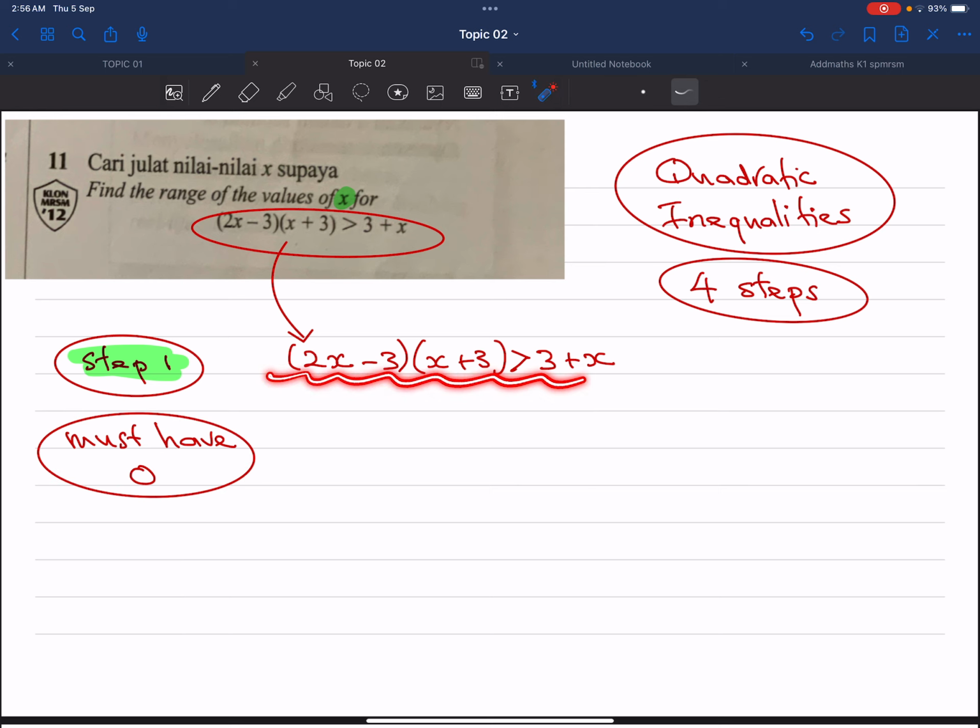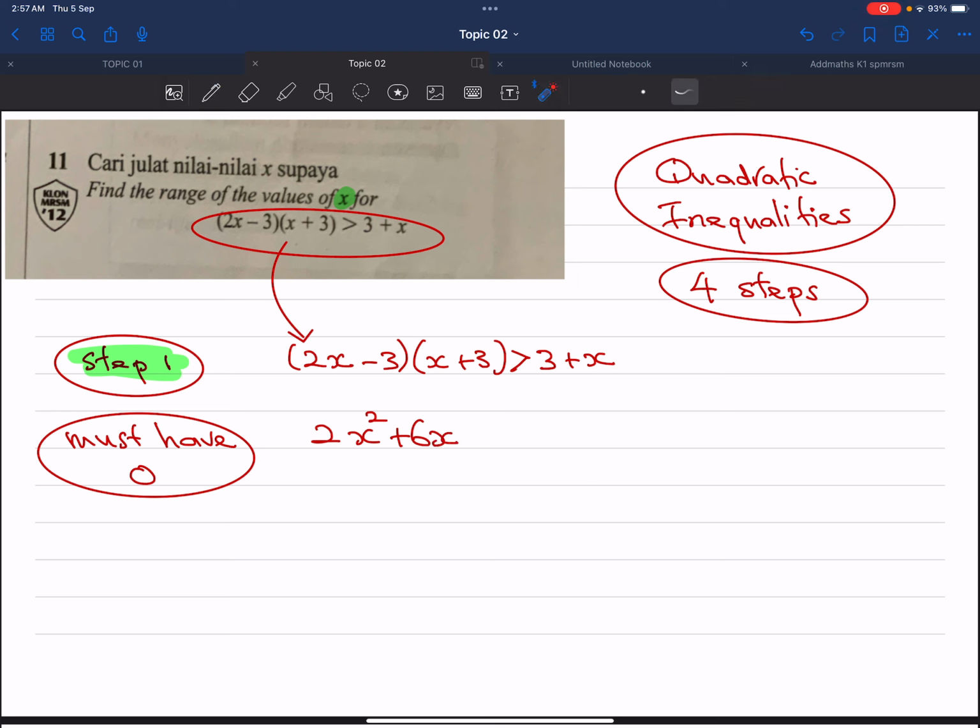If you look at the given expression, there is no 0. So I need to create a 0 either on the left hand side or right hand side. To create the 0, the left hand side, which has 2 brackets, I must expand. That is 2x times x, I'm going to get 2x squared. 2x times 3, that will be plus 6x.